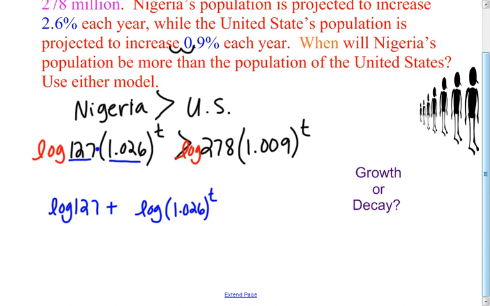That's what I'm doing there. And then of course I'll do that same thing on the other side. I have a multiplication symbol here. I can use my log properties and I can make this be log of 278 plus log of 1.009 to the t.